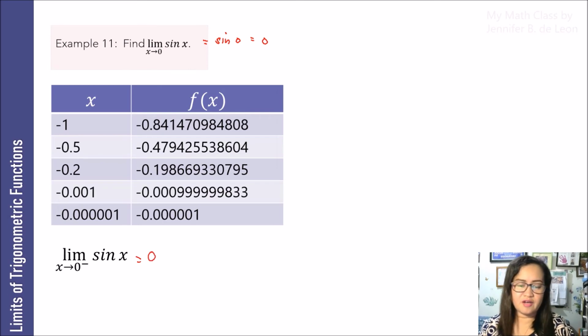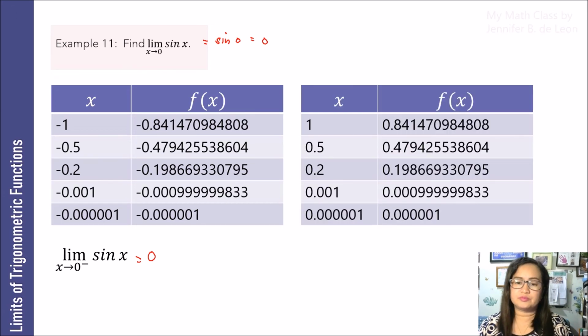Now let's have the other table. What if we choose values which are to the right of 0? Then we will have the following numbers: 1, 0.5, 0.2, and so on.